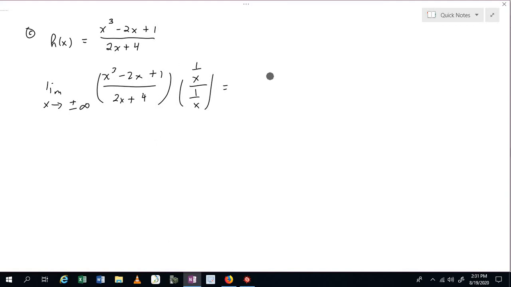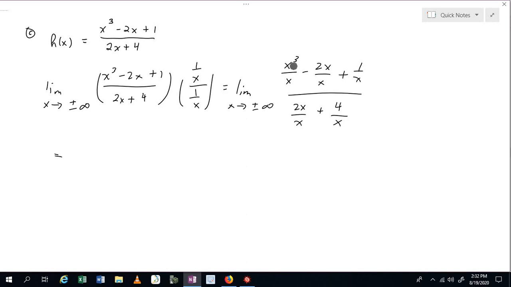Okay, and now let's distribute that. So you get x cubed over x minus 2x over x plus 1 over x. And then on the bottom you get 2x over x and 4 over x. And then let's just reduce this. This becomes x squared.